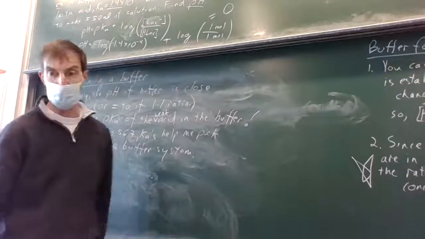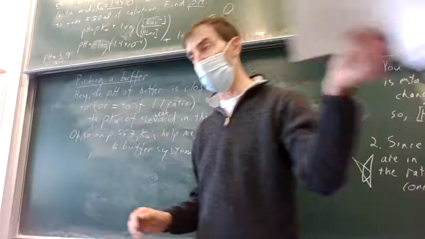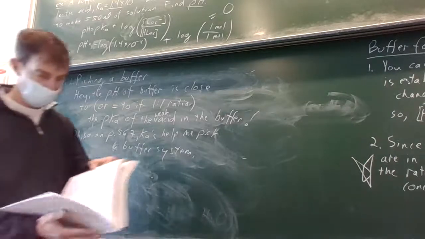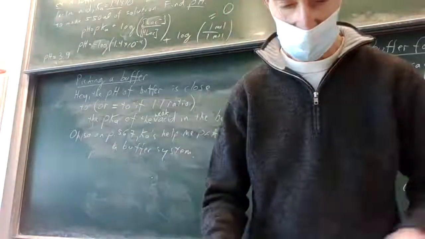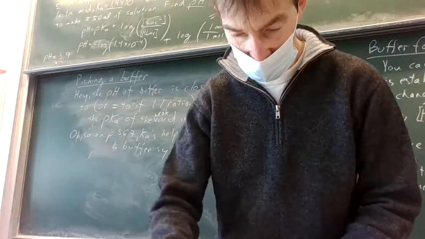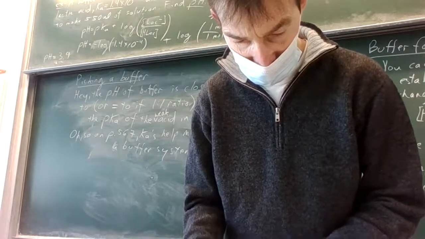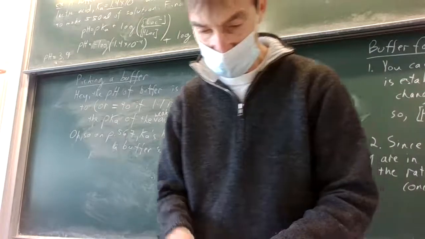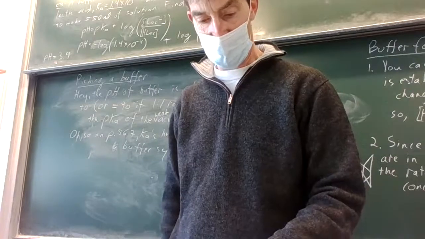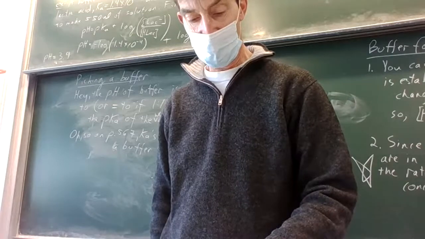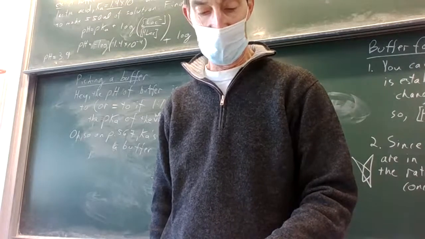Let's pick one for grins. You ready? So if you got your book with you, turn to page 567 for just a sec. That's the page with all the Kas. How about I want a buffer that has a pH of about 3.5.